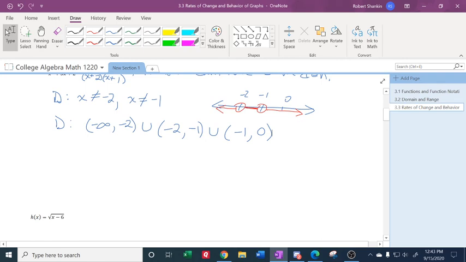The next problem, h of x is the square root of x minus 6. Okay, 15 seconds more.